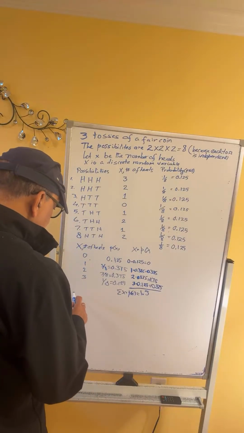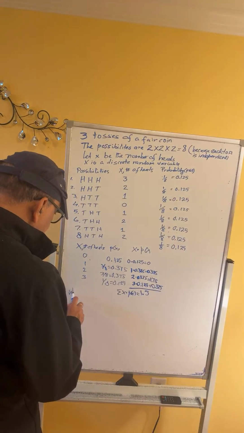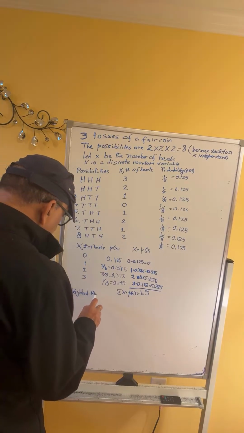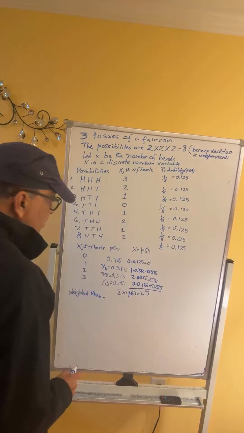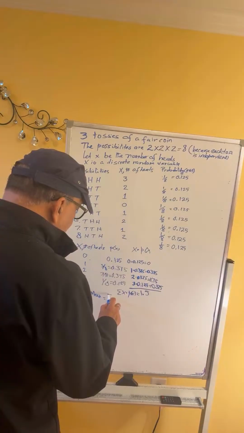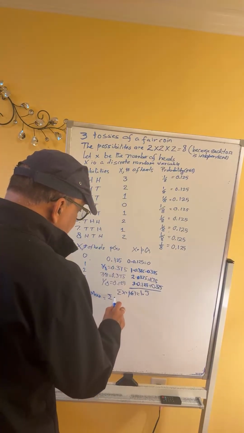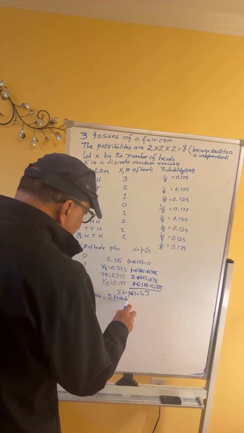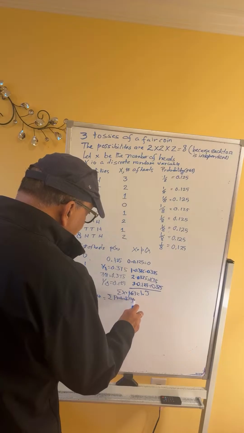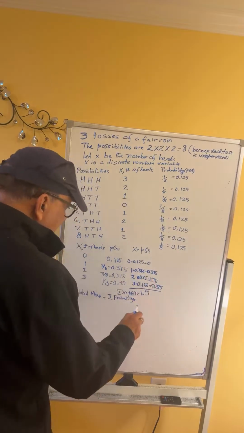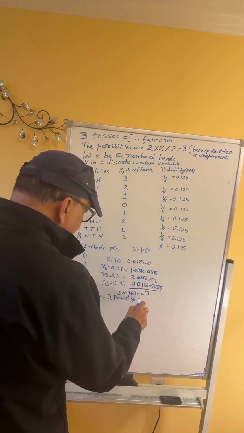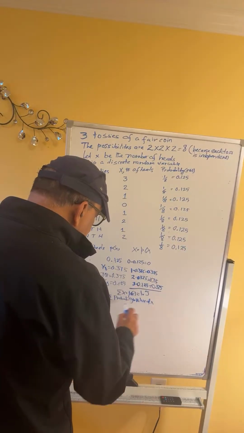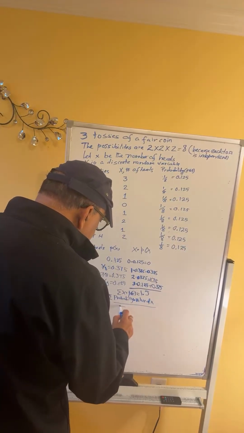Because the weighted mean is given by the sum of probability, which is kind of weight, multiplied by the value of x, divided by the sum of probabilities.